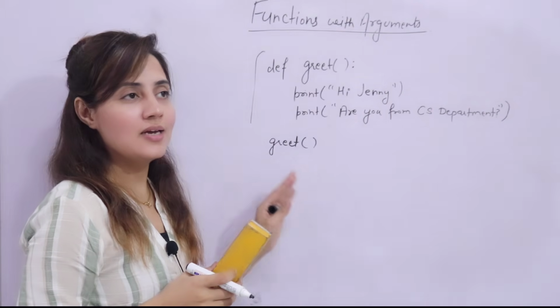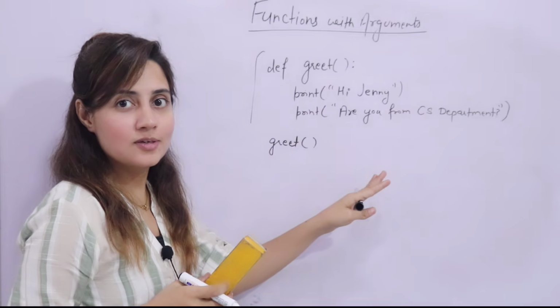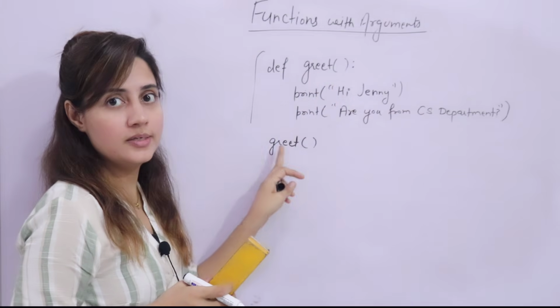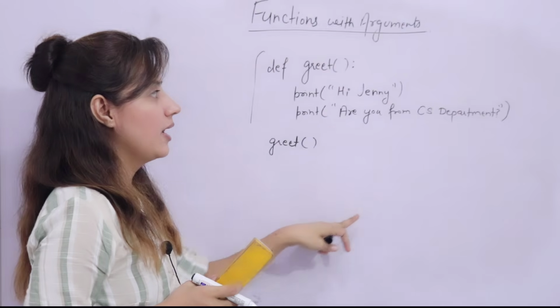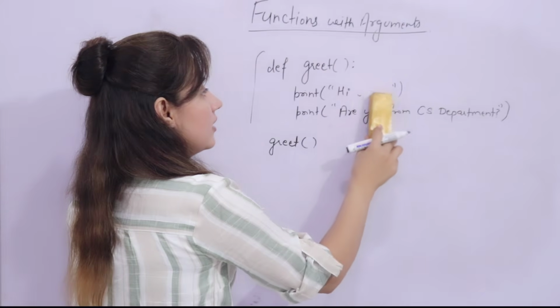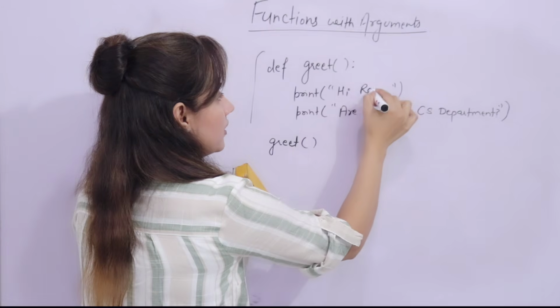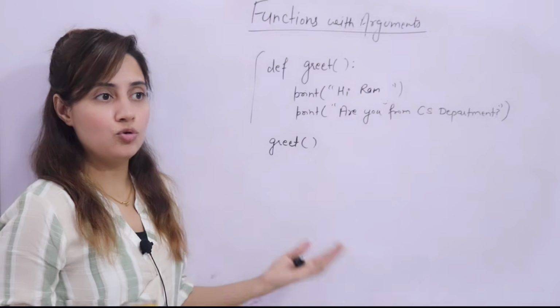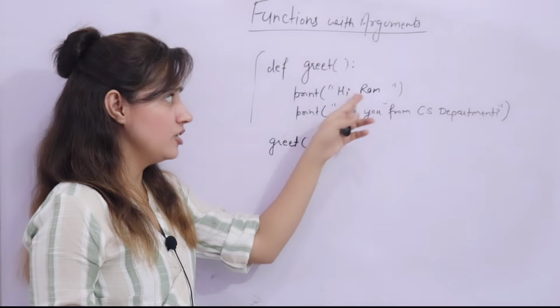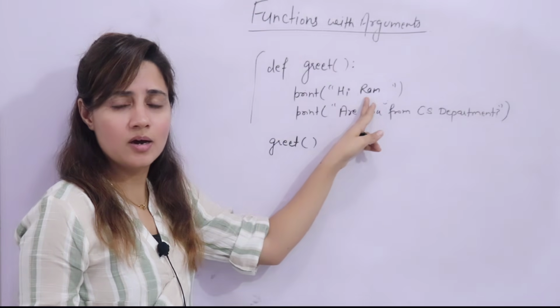But next time I want to print hi Ram. So it's not that we will define another function like def greet1, greet2, and there print hi Ram, are you from computer science department? Or again change here to hi Ram. But again, if I want to print hi Sham, will you again change here to Sham? No, that is not a good idea.